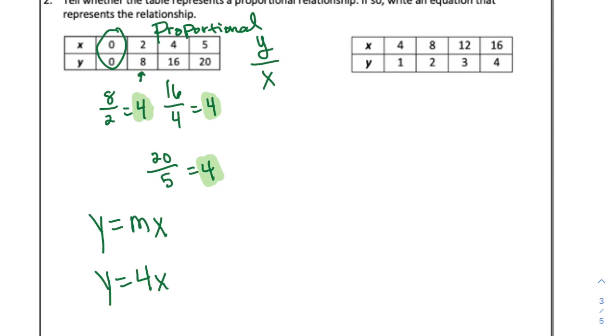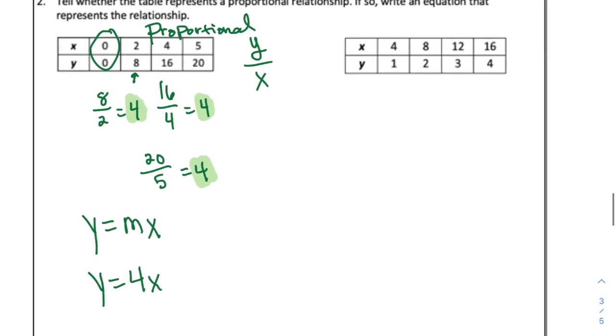All right, so let's try this next one. We're going to, again, divide 1 divided by 4, which gives us 1/4. Sometimes these might even just be simplifying fractions. So in the next one, we're going to get 2 divided by 8.